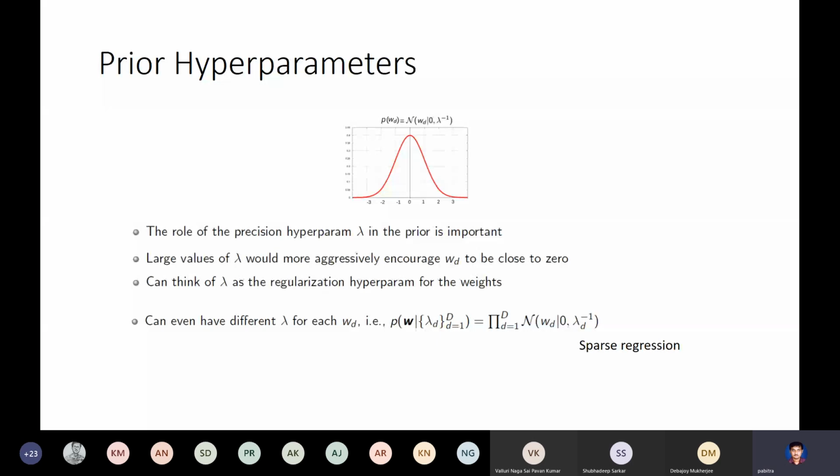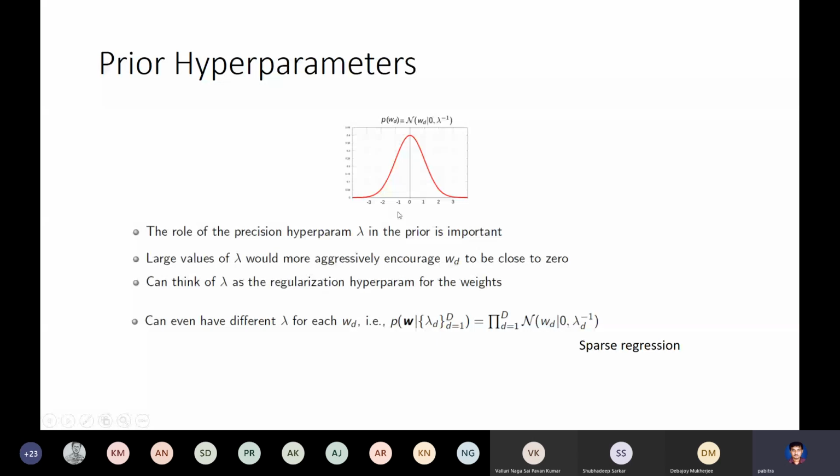We can make things slightly different. We assumed that each of the weight components W1, W2, up to W_d had zero mean and the same variance, lambda inverse. We can actually change that. We can say that the variance can be lambda 1, lambda 2, up to lambda d.